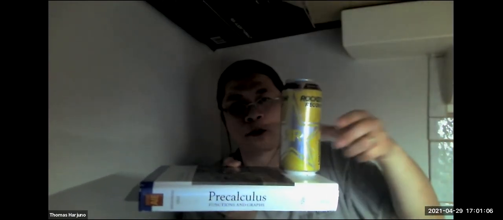Now instead of moving this can to the right, what I do is I move the table to the left. You see?